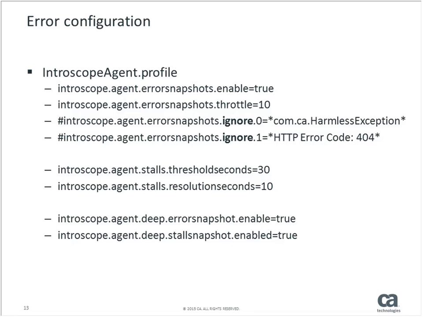The second part of this configuration is about stalls. By default, and I would very much recommend not to change it, the stall threshold is 30 seconds, so if a method invocation takes longer than 30 seconds, it is reported as a stall. And every 10 seconds, the so-called stall sweeper goes through all the threads and looks for stalls.